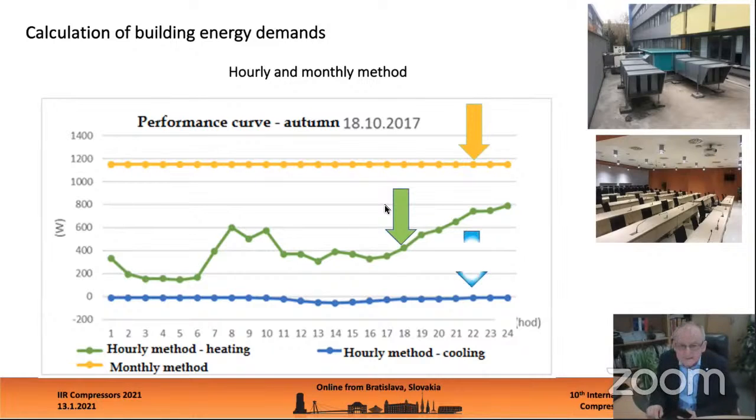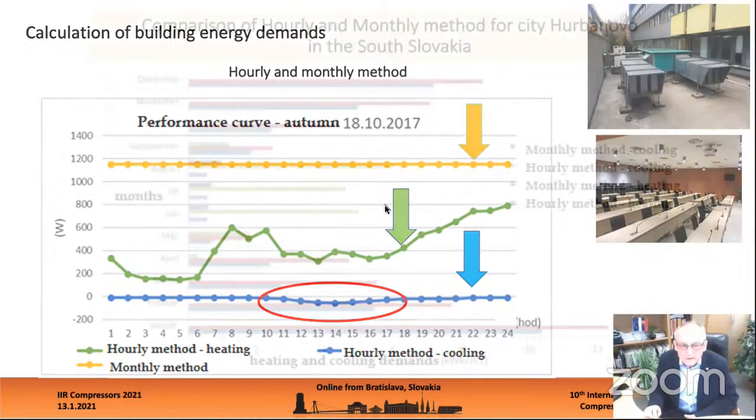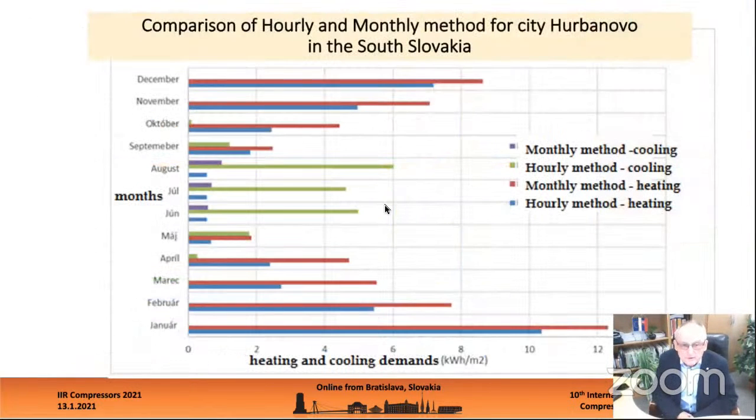And this hourly method has also revealed the need for cooling during lunch time. So here is the comparison of the hourly and monthly methods for the city Urbanovo in South Slovakia.